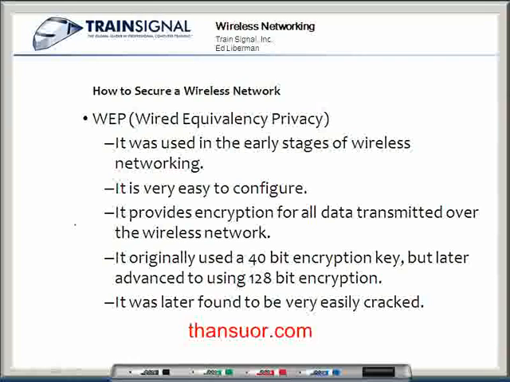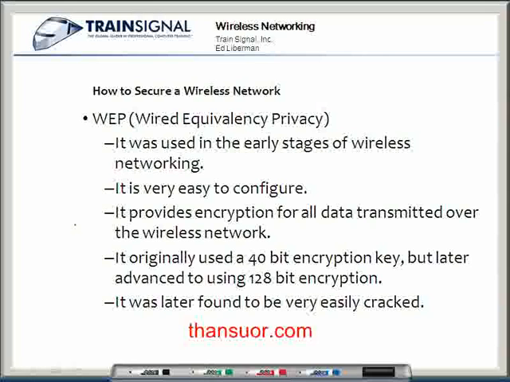Now, if we want to talk a little bit deeper into security, we have something called WEP, which stands for Wired Equivalency Privacy. And a lot of people these days kind of laugh when they hear that, and the reason why is because they know that WEP is an older technology that once again can be easily hacked.